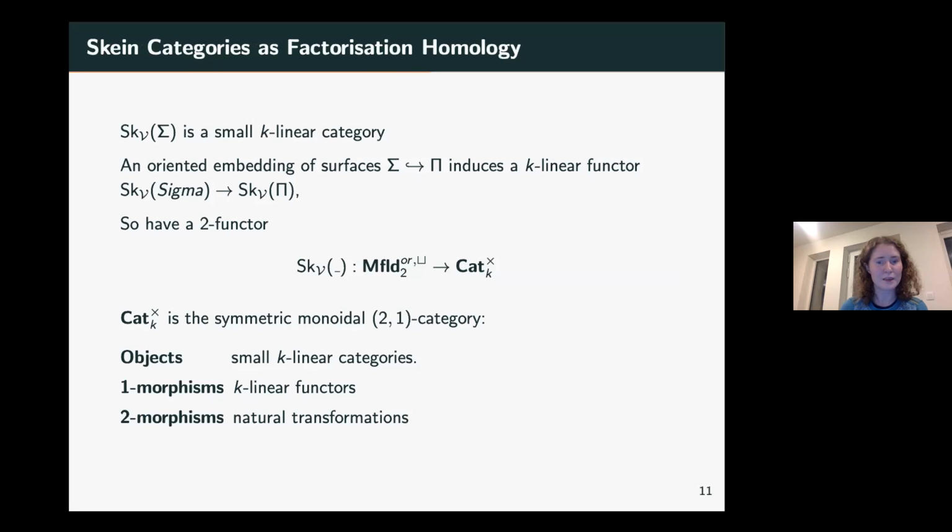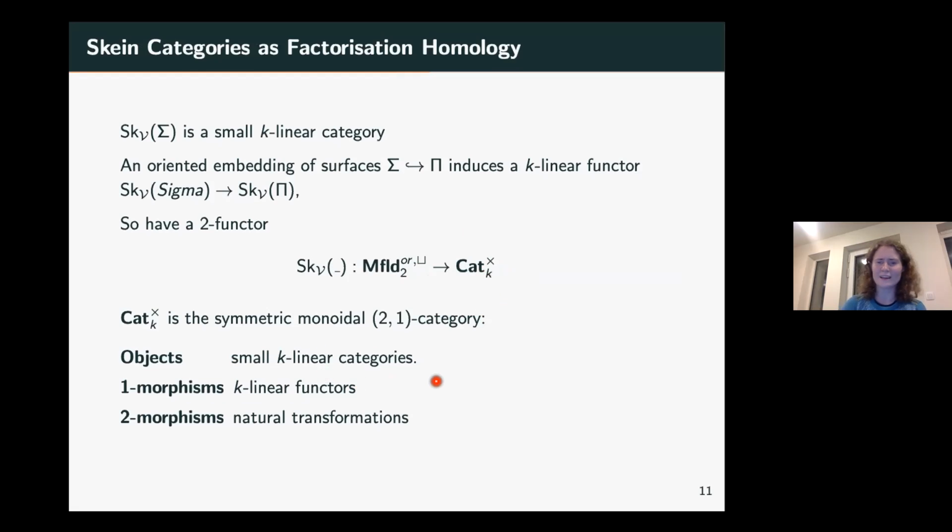So the first thing we need to do to relate it is that our factorization homology is a functor. So it's a functor from manifolds to our universe category C tensor product. And in our case, we're just going to take the universe category to be small k-linear categories.